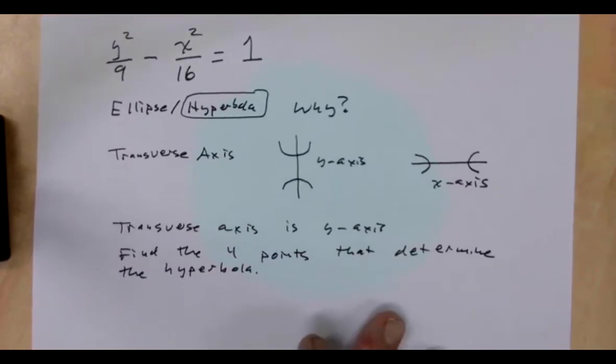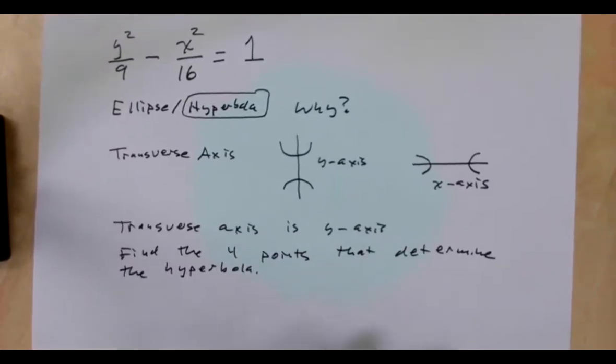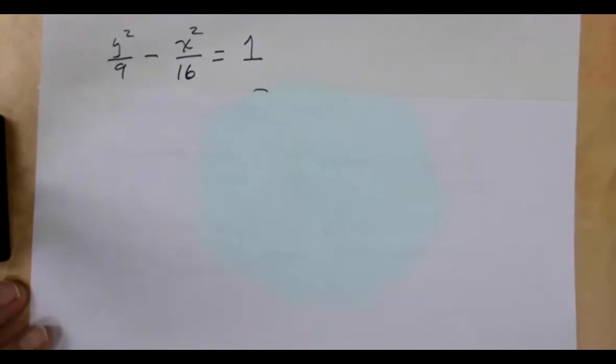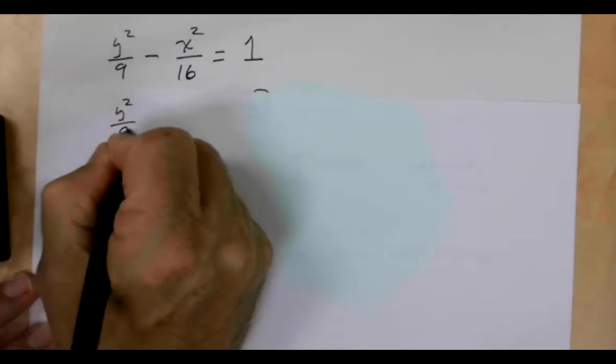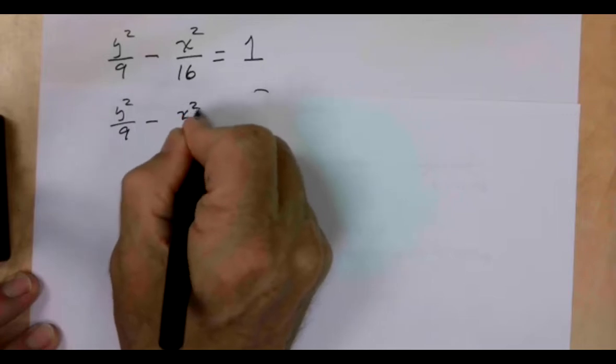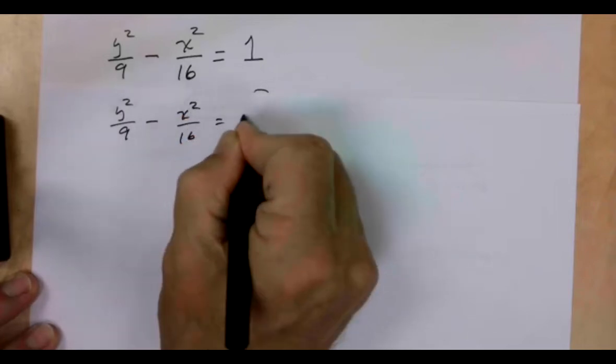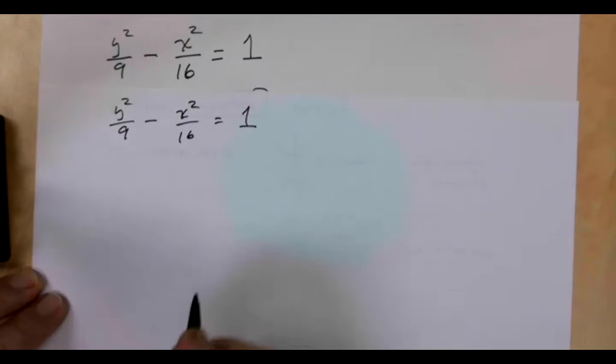The process is very similar to what it was for the ellipse in terms of finding those 4 points. So what I have is y squared over 9 minus x squared over 16 is 1. I want to find the 4 points that are going to define it.